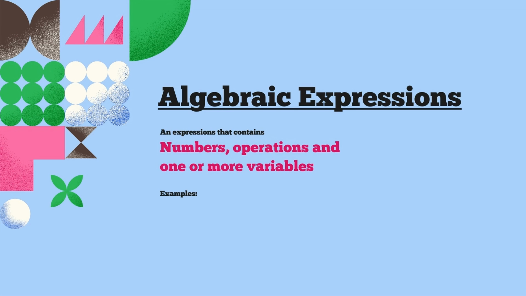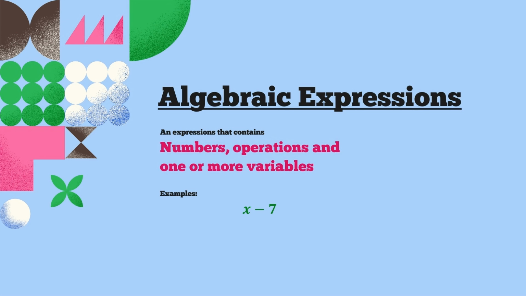An algebraic expression is an expression that contains numbers, operations, and one or more variables. For example, x minus 7. In this expression, we can see the number, that is minus 7. And we also can see the operation, that is subtraction.